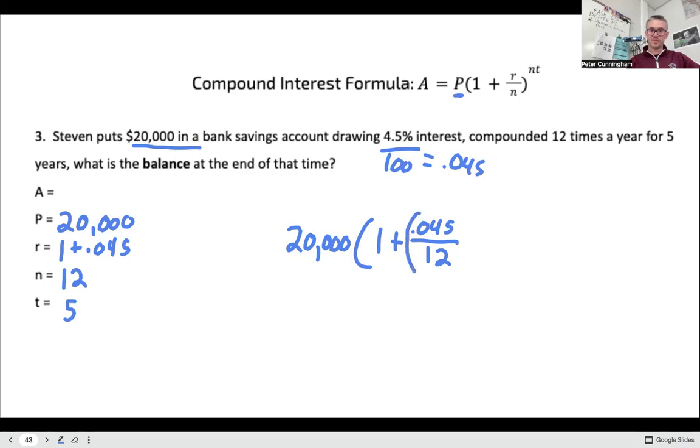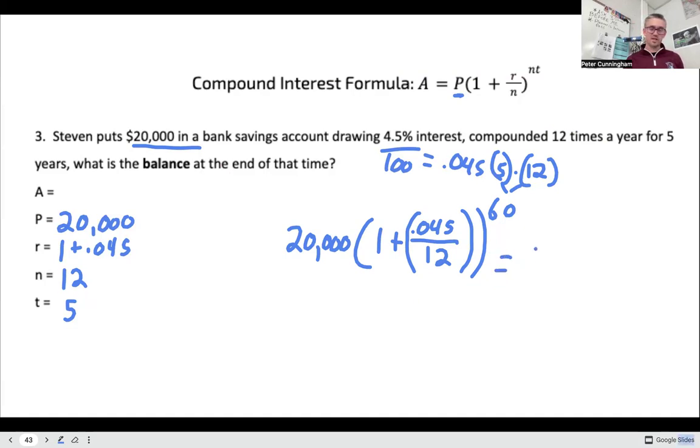Put an extra set of parentheses here so that your calculator doesn't accidentally take the wrong thing to the wrong power. And then nt should be 60. Why is it 60? Because 5 times 12 equals 60. This was happening every month for 5 years. There were 60 months in that 5-year period.